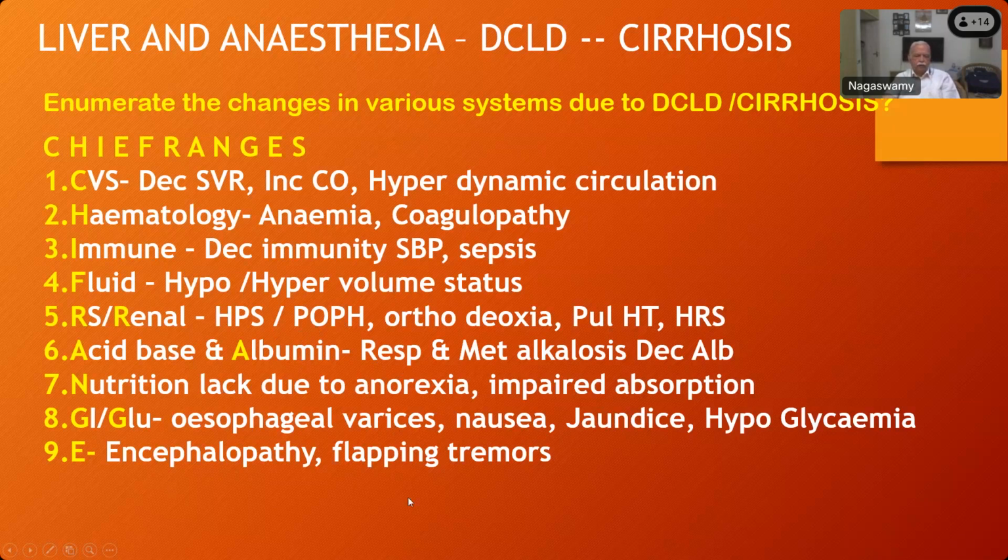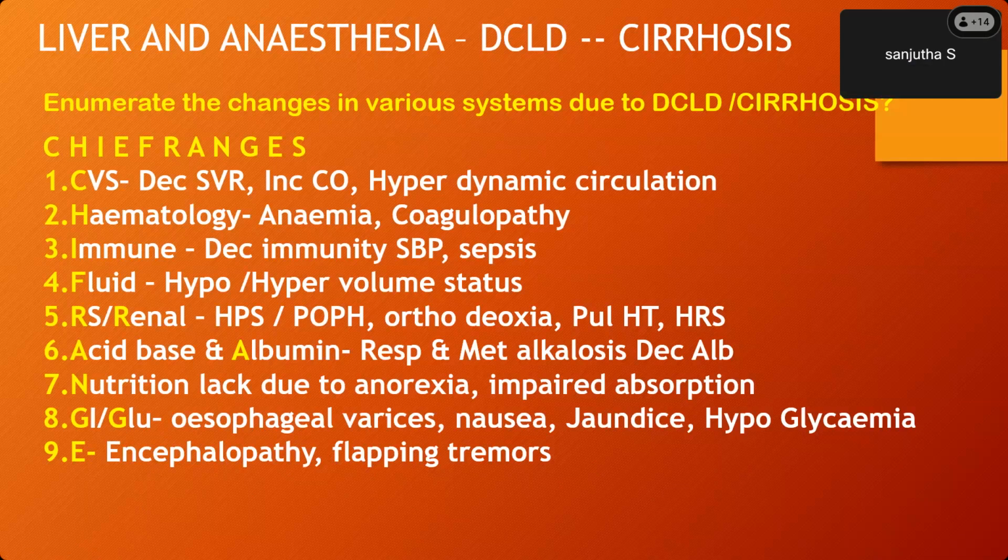And of course, encephalopathy. What is the encephalopathy due to? What is the pathology? Ammonia accumulation. Why does ammonia get accumulated? The urea cycle is affected, sir.